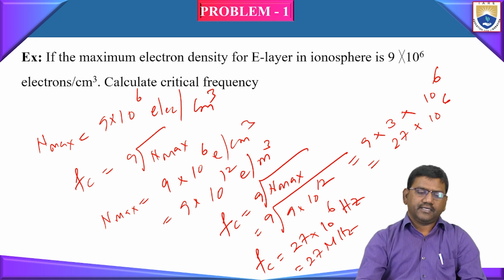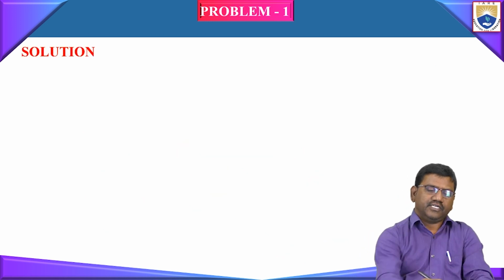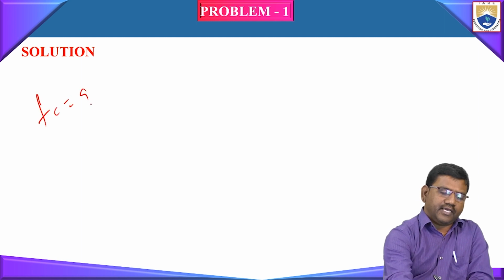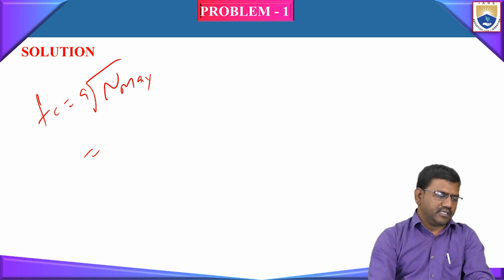So Fc is equal to 9 root N max, simply. N max is given as 9 into 10 power 6 per centimeter cube, or 9 into 10 power 12 per meter cube.